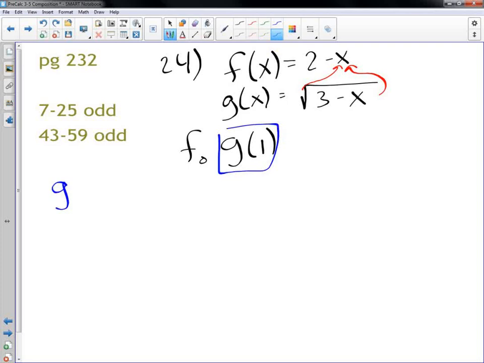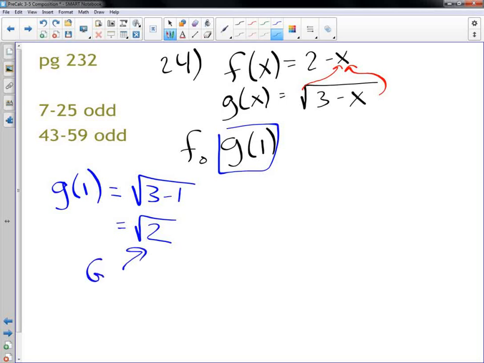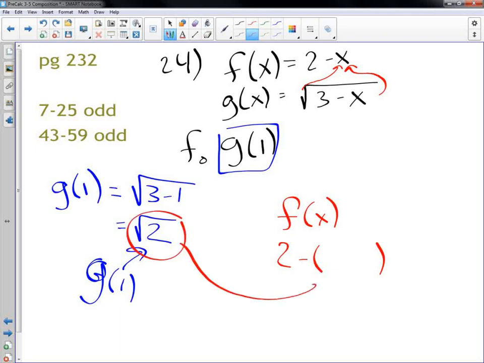So we say g of 1 is square root of 3 minus 1, which is square root of 2, right? Now, they wanted f of g of 1, right? g of 1 is that, isn't it? Yeah. So now when I use my f of x function, it's going to be 2 minus, my answer goes there, square root of 2. Okay?